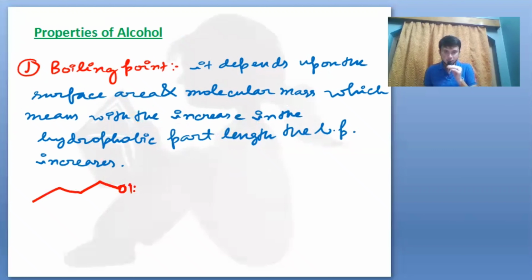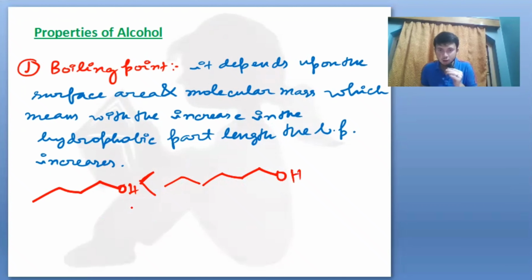That means if we have an alcohol like this, okay, it will have more boiling point because this chain length is increasing. So the hydrophobic part is increasing, so the boiling point is also increasing.